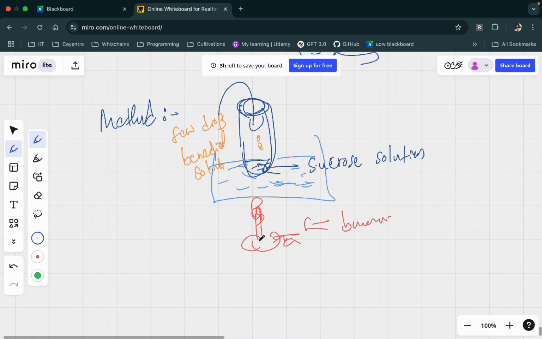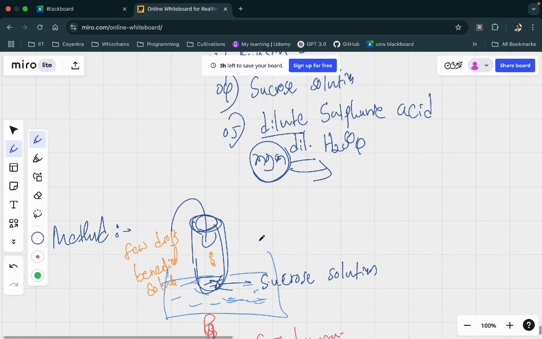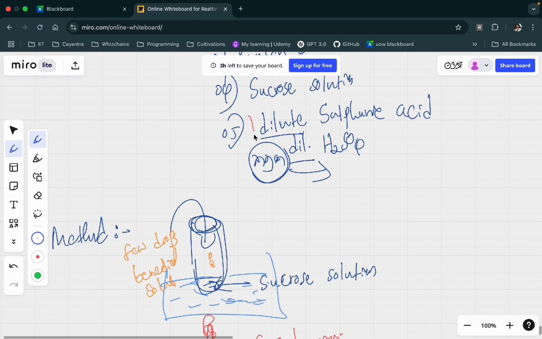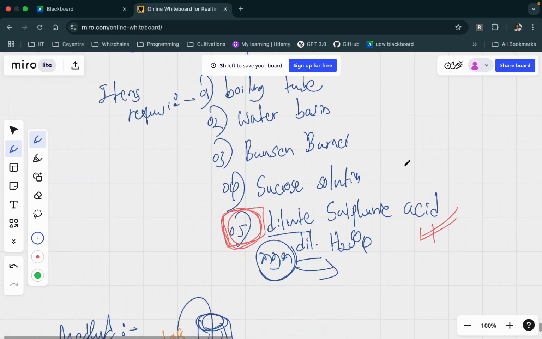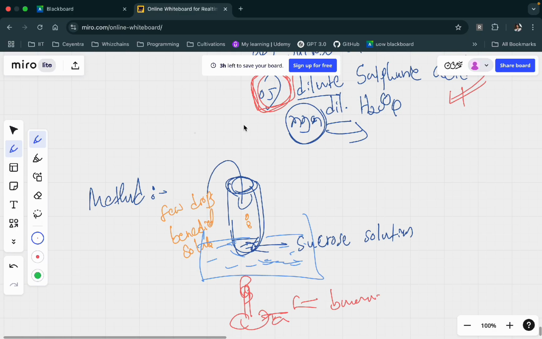Okay, so what do we need to get an observation? One thing, we haven't used this one, no? And you remember we added dilute sulfuric acid also to our required item list for the sucrose test, but we haven't added it, no?